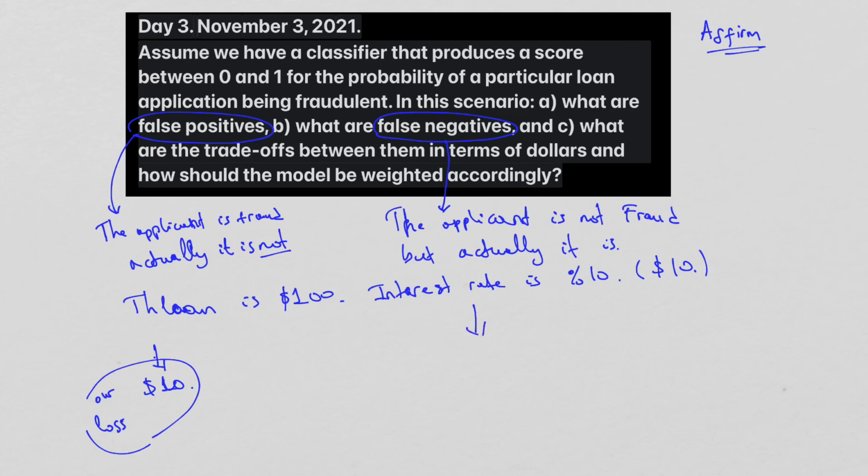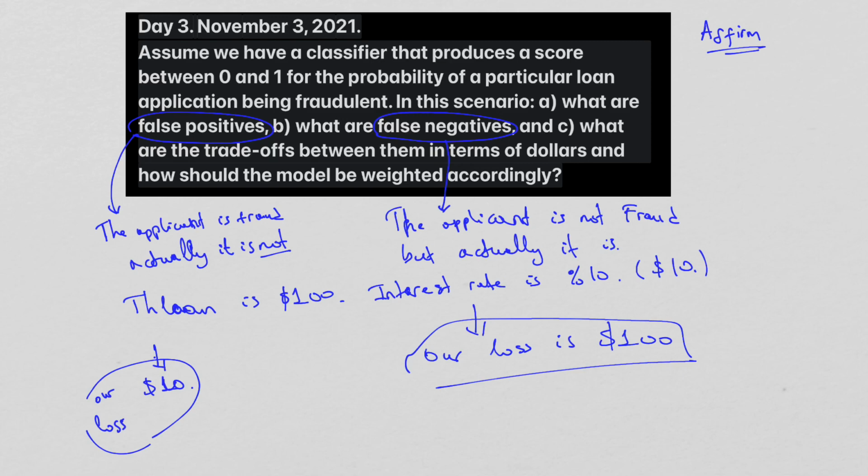But in this case, our loss is $100 all along, right? So if you think this way, this means we should weight our model 10 to 1 in terms of the cost for the false negative to the false positive, right?